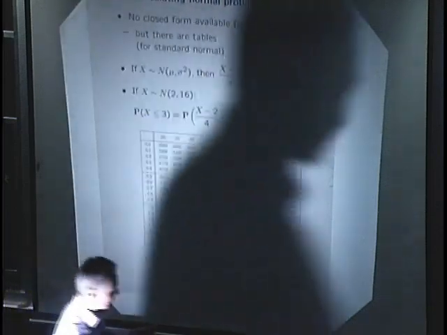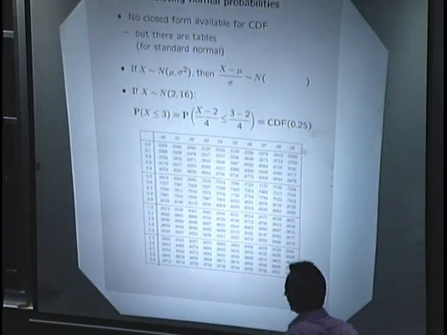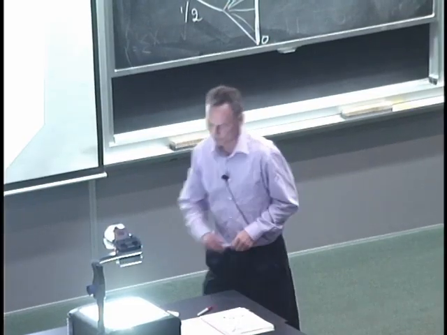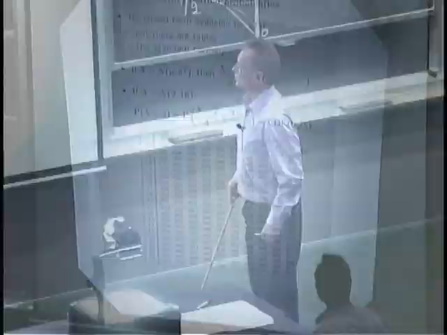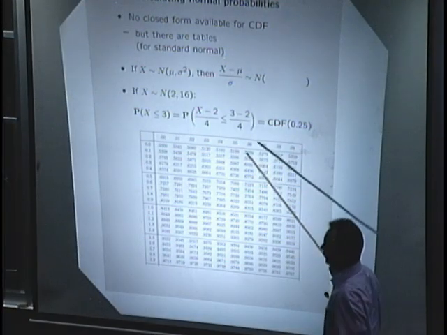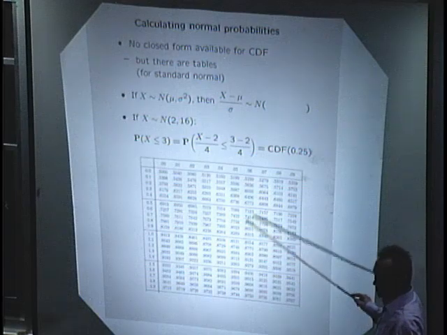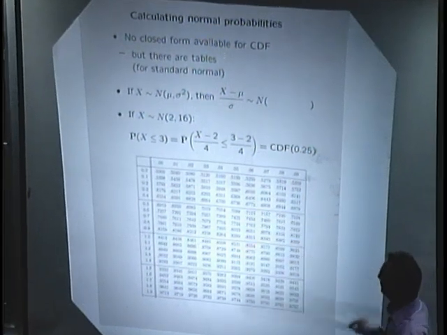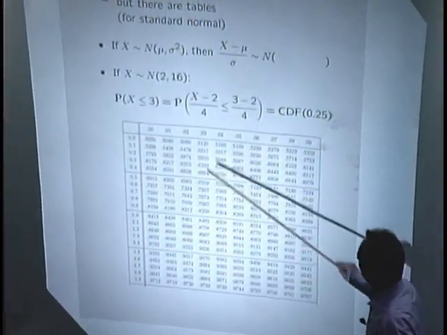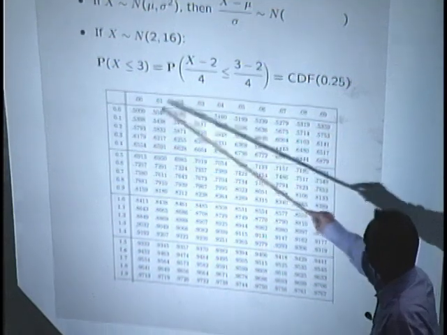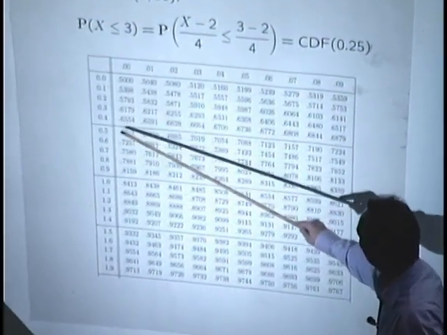So our starting point is that someone has graciously calculated for us the values of the CDF, the cumulative distribution function, that is the probability of falling below a certain point, for the standard normal at various places. How do we read this table?